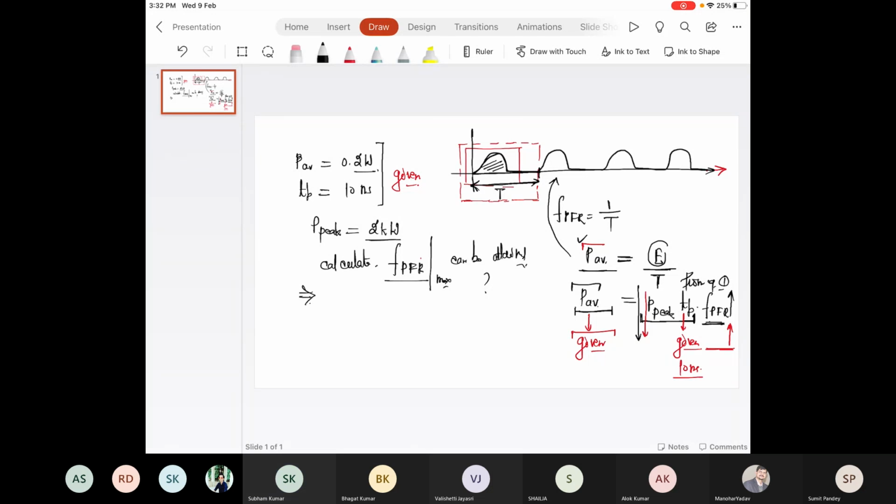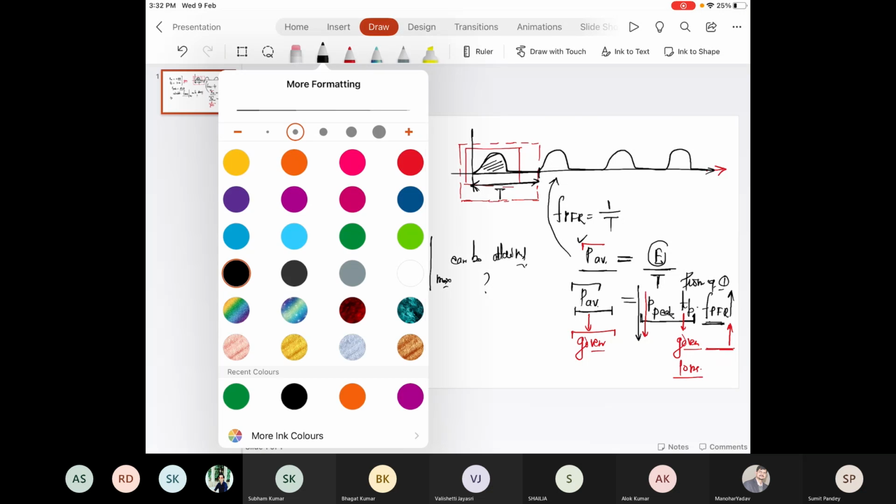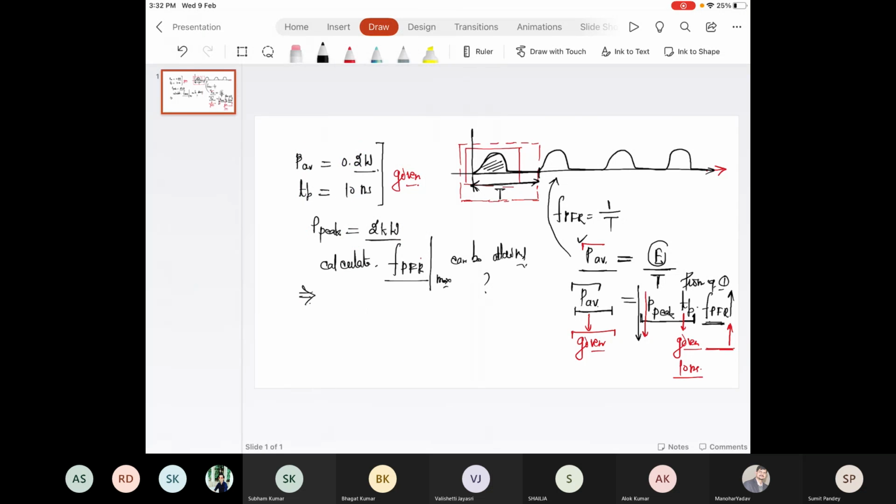It's 10 kilohertz. It's very simple. The formula is given there, you just need to substitute the values. So P average is given 0.2 watt, which you can write as 2 into 10 to the power minus 1 watt. It is equal to peak power, given 2 kilowatt, times Tp, given 10 nanosecond, times PFR.